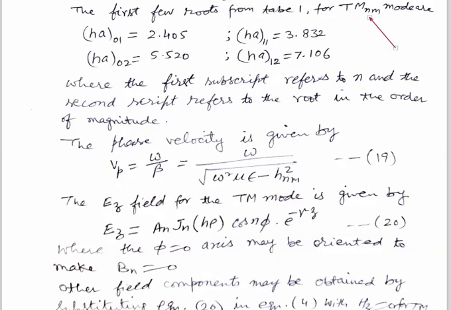Now the phase velocity can be defined as Vp equal to omega upon beta. Substituting the value of beta, the phase velocity expression is given by equation number 19.